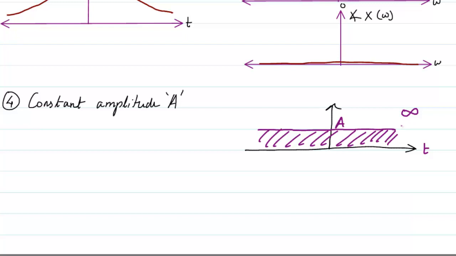So the constant amplitude A cannot be absolutely integrable. So we have to employ a different method to find the answer.